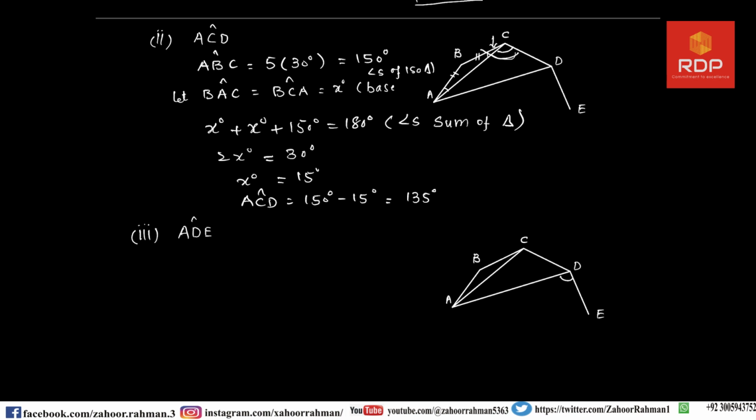For your convenience, I am removing the AC line, and now it is a quadrilateral, in which one is this, one is this, one is this, and one is this one.